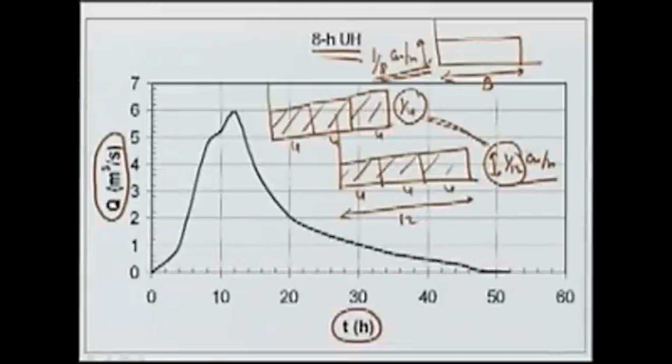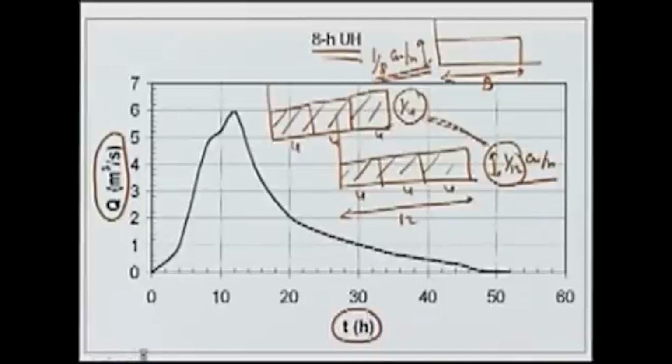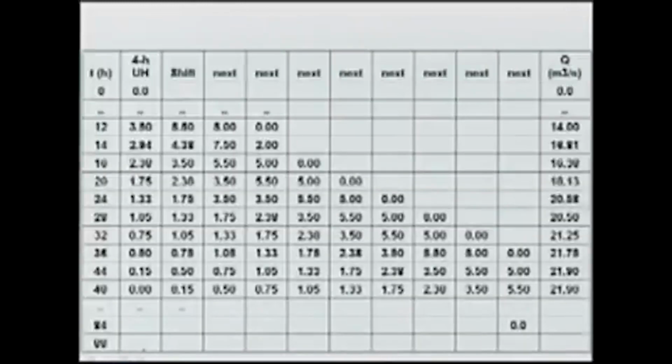So, any multiple of 4 hours, we can obtain the unit hydrograph directly from the 4-hour unit hydrograph. But for any other duration which is not a multiple of 4 hours, let us say we want a unit hydrograph for 6-hour duration, or we want 3-hour duration or 2-hour duration, then we cannot directly use this principle, and we have to use what is known as the S curve.